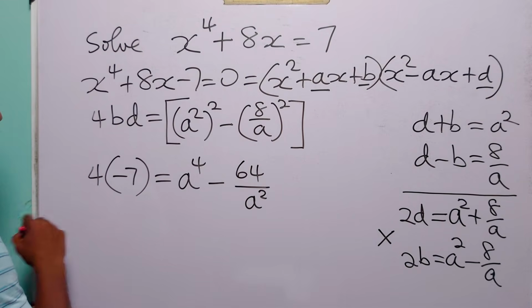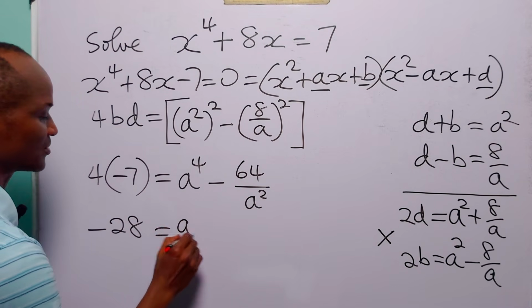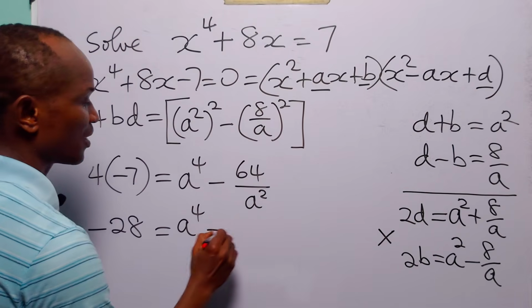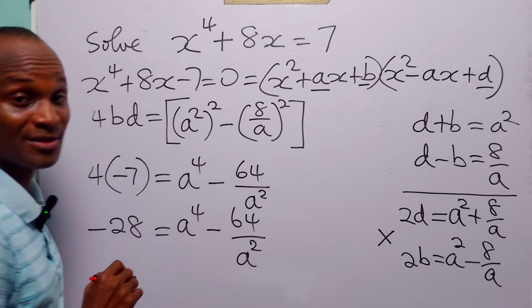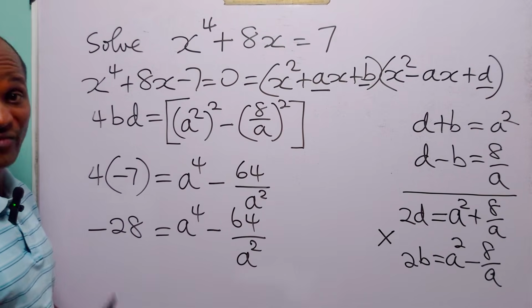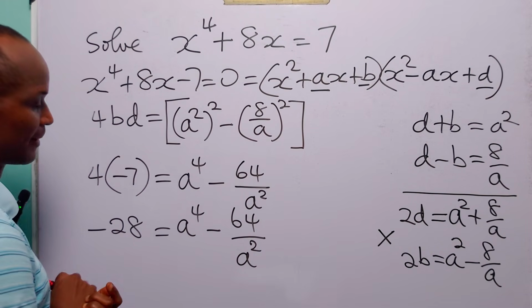Now 4 times minus 7 is minus 28. This is equal to a raised to power 4 minus 64 over a squared. So to find the value of a, all we need to do is to solve this equation.